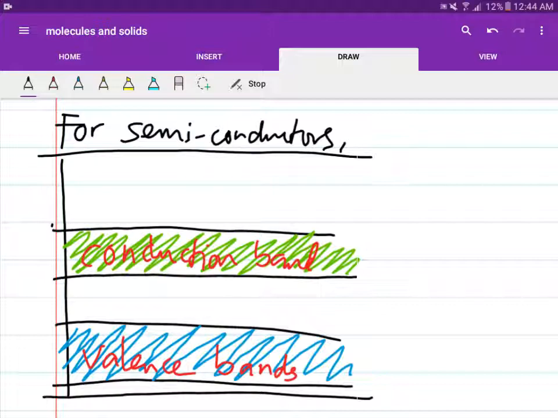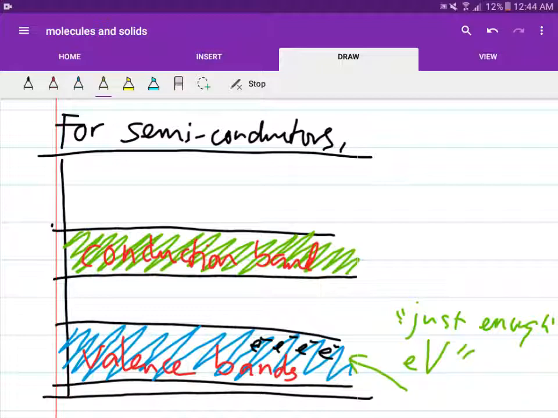If your electrons are sitting here in the valence band, and you apply just enough energy or electric field to these electrons, there is a probability that they can jump from this state to the conduction band. So that is why they are called semiconductors.